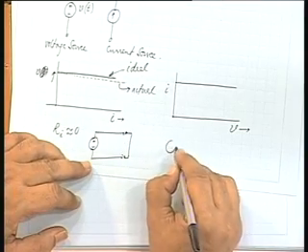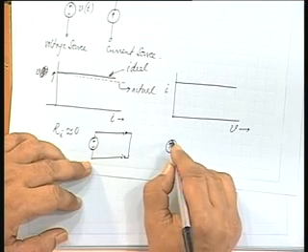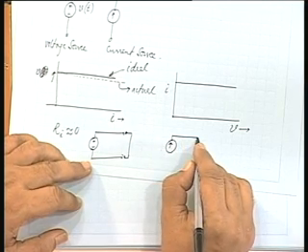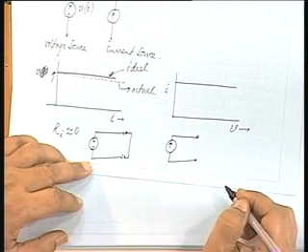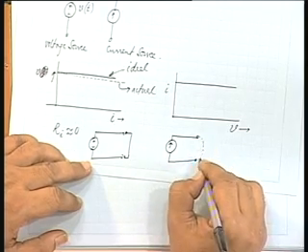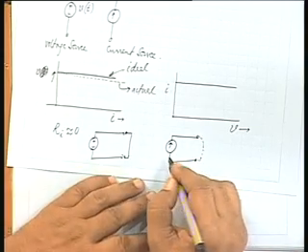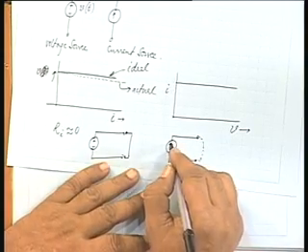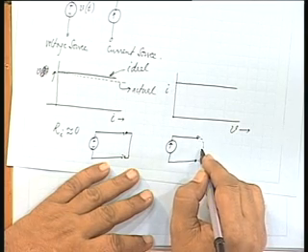Similarly, an ideal current source which is supposed to supply a constant current, cannot be open circuited, because the current has to flow, it has to have a path. So, an ideal current source cannot be open circuited, open circuit condition is an impossibility.